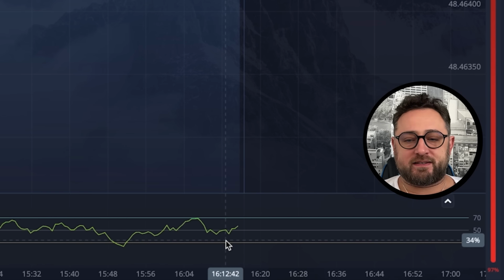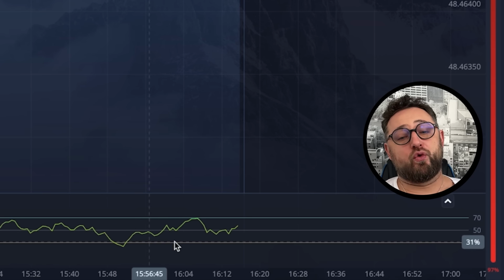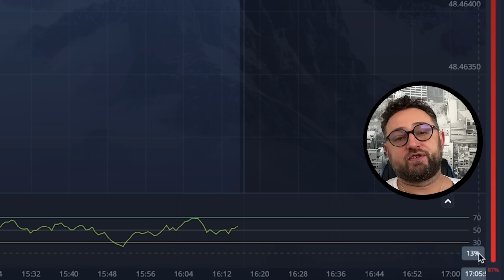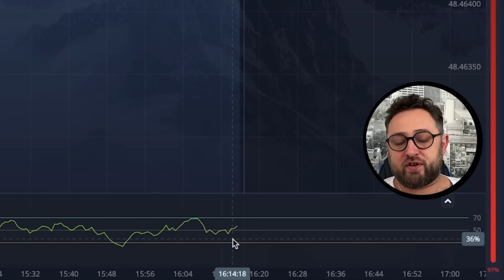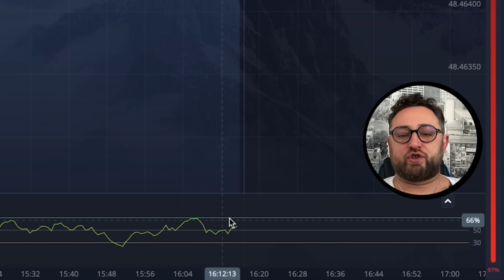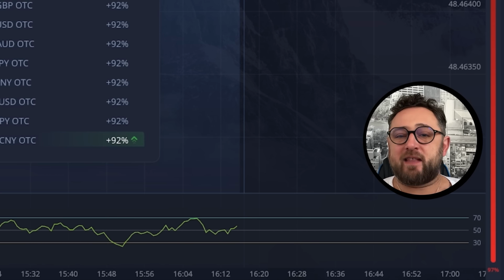That usually means the price went up too quickly and may reverse soon. When the RSI is below 30, it's considered oversold. That usually means the price dropped sharply and a bounce may happen. Think of it like a rubber band. If you stretch it too far, it will snap back.